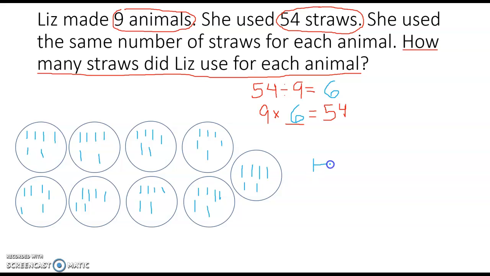Now, if we were to make a model like we did with the last one, all together, we would have 54.